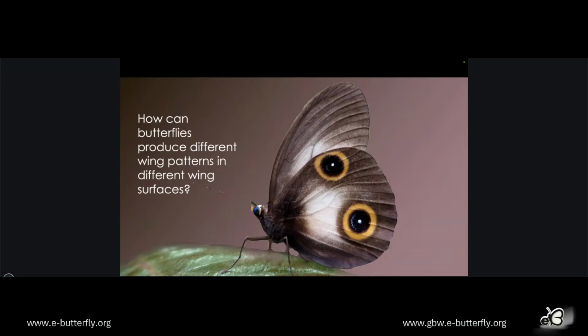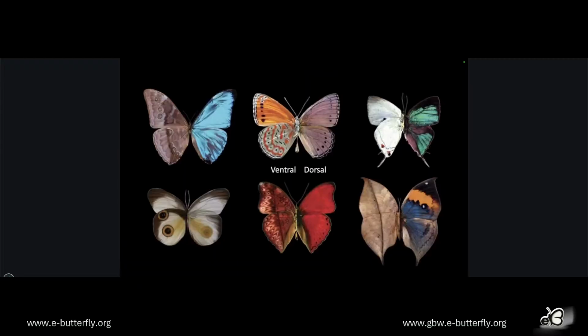Those genetic factors are going to tweak that ground program, and they're going to allow different wings to have different patterns and different surfaces to have slightly different patterns, and also different sexes to have different patterns.